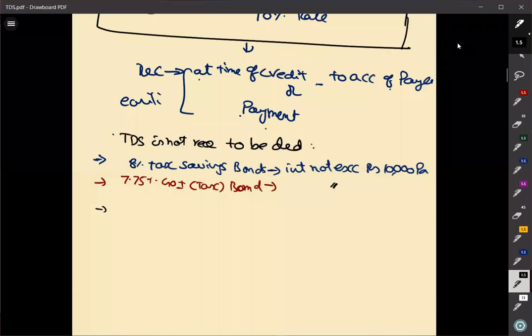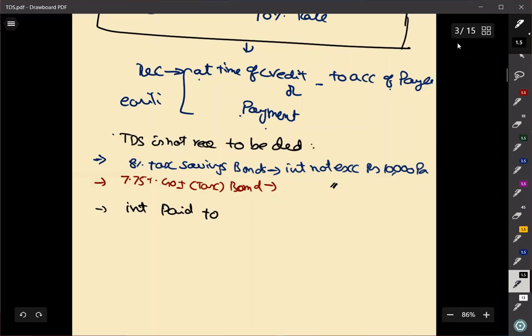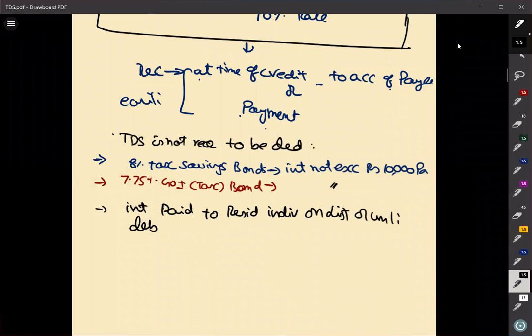The third point says that interest is being paid to a resident individual on listed or unlisted debentures of a company which is called a widely held company.